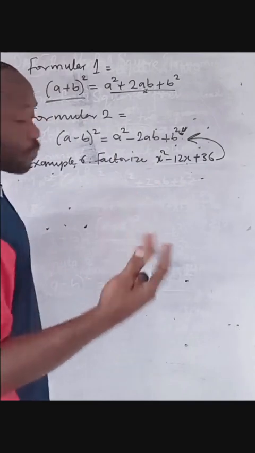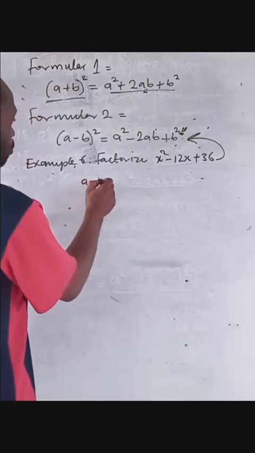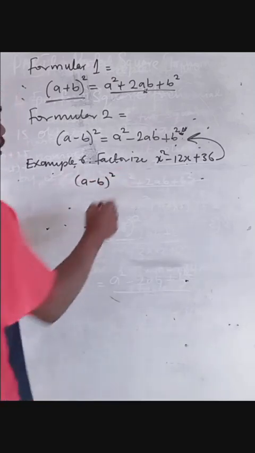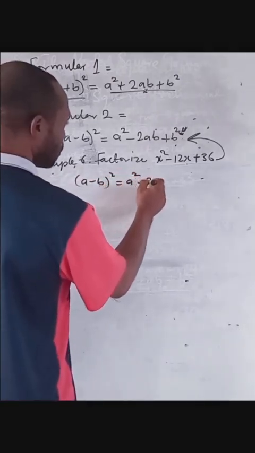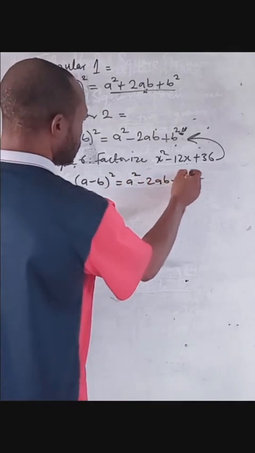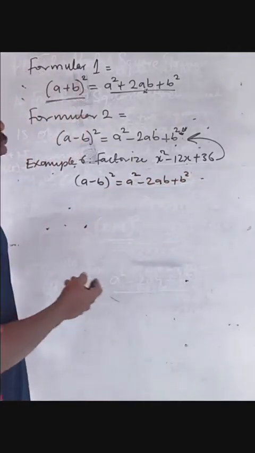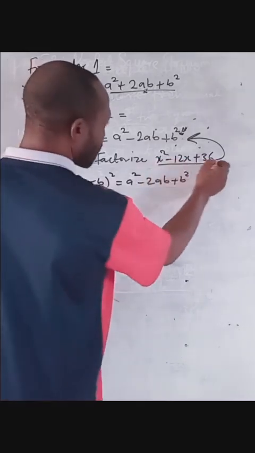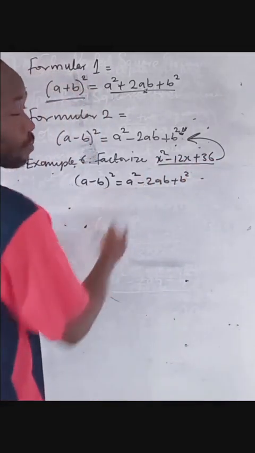The second formula states that a minus b squared is equal to a squared minus 2ab plus b squared. So I'm going to rewrite this algebraic expression in this form.